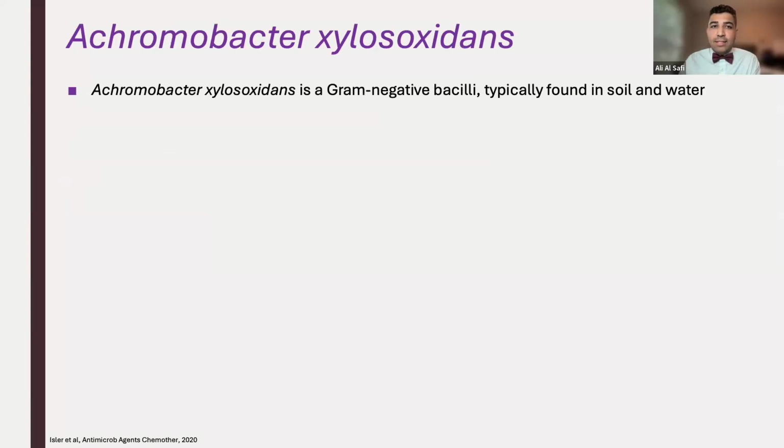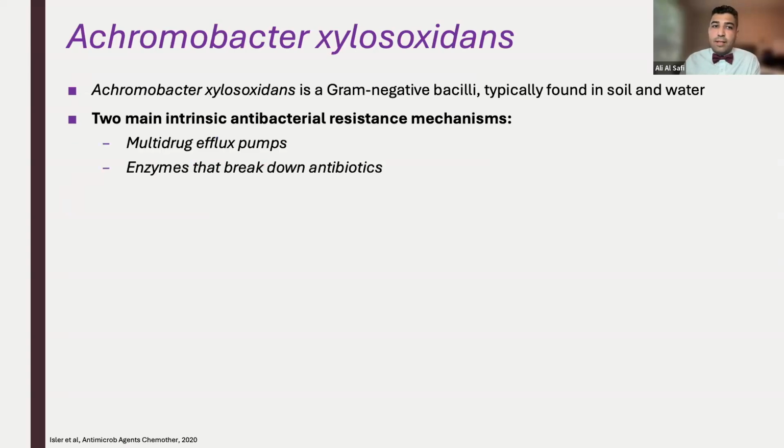So Chromobacter is basically a gram-negative bacilli found in soil and water, and it has intrinsic antibacterial resistance mechanisms. It has multiple enzymes that break down antibiotics. That's why it's highly resistant.